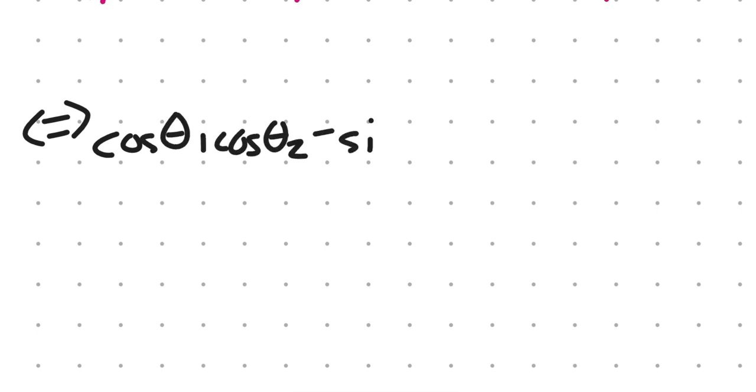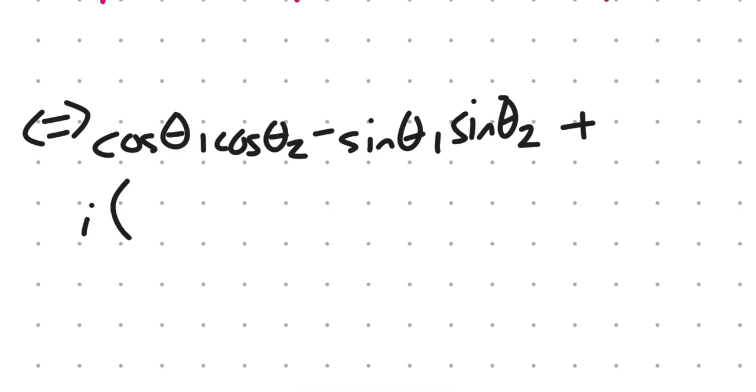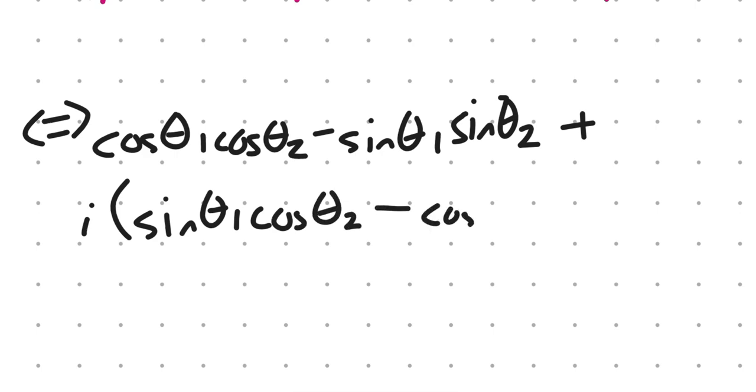So this will be equivalent to cosine theta 1 cosine theta 2 minus sine theta 1 sine theta 2, plus i times (sine theta 1 cosine theta 2 plus cosine theta 1 sine theta 2).